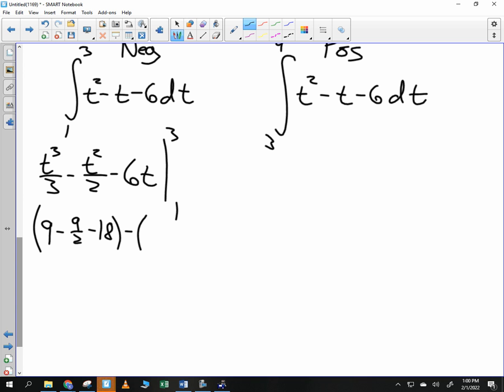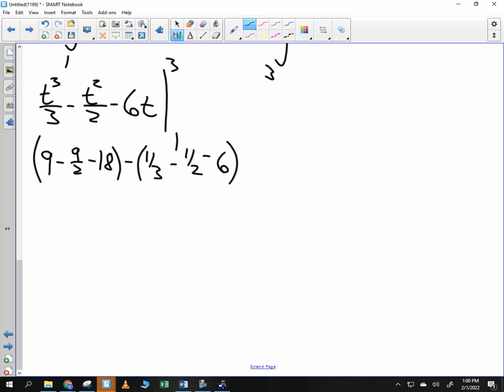And from that, I will subtract 1/3 minus 1/2 minus 6. So I'll come up with an expression there. 9 minus 18, negative 9, so I'm done with those. I'm going to do negative 9 halves minus a negative 1/2. So that'll be negative 8 halves, right? Which is just negative 4. So I'm done with that and that.